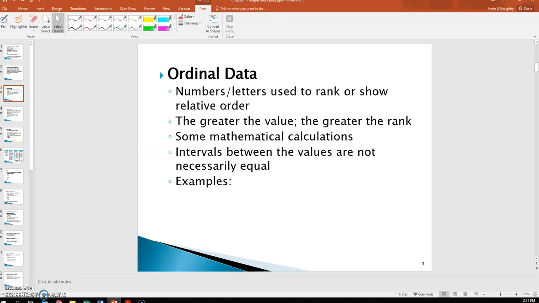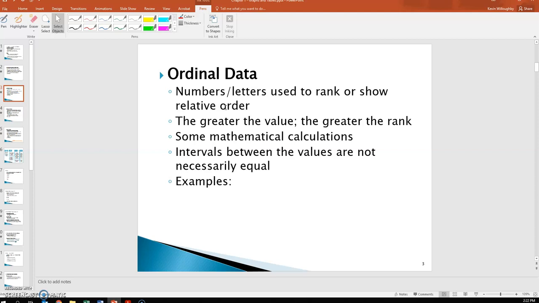Finishing first, second, third in a race would be another example, or in certain situations, income and age could also be ordinal data if the choices are placed in order.